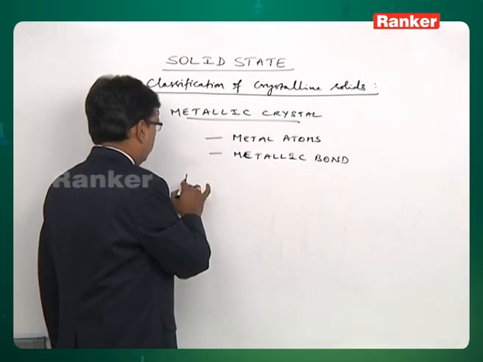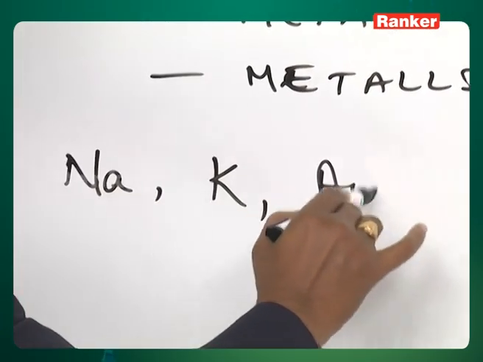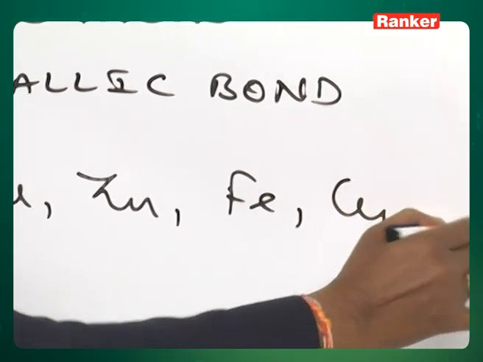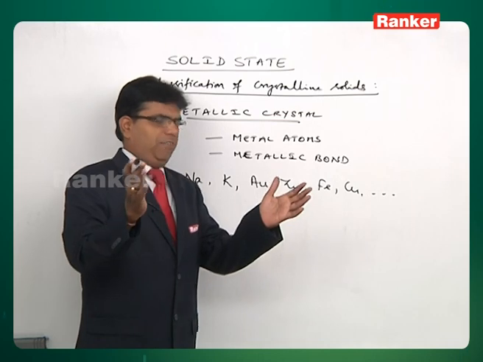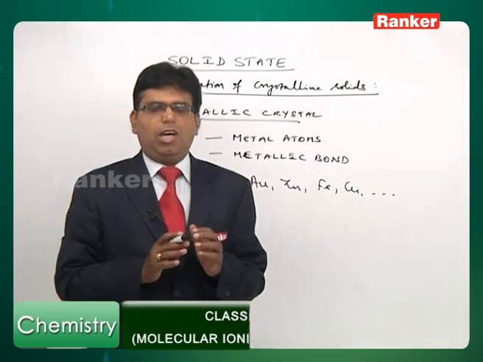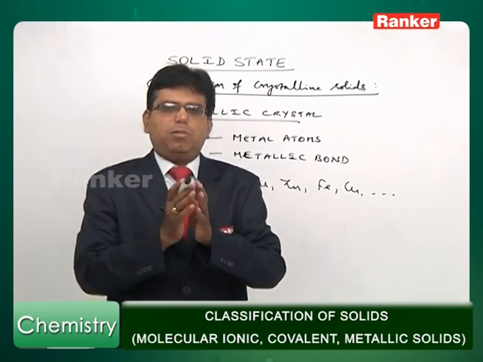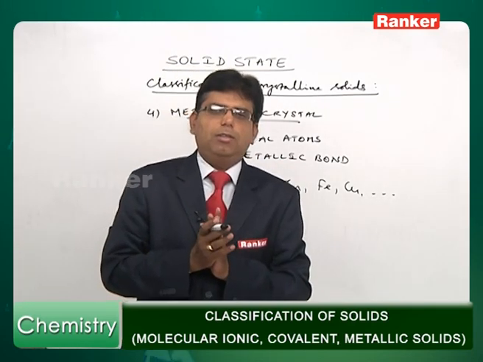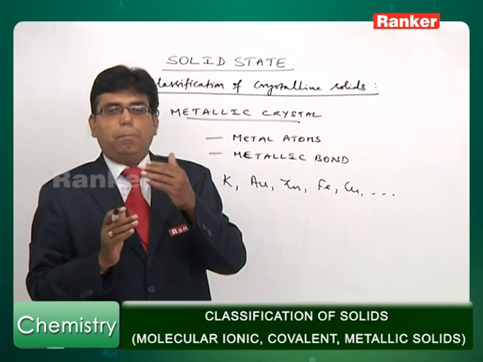For example, sodium metal, potassium metal, gold, zinc, iron, copper, and so on. In all these, different sodium atoms are held together in the sodium metal lattice, potassium atoms are held together, copper atoms are held together in copper metal. So, in this the bond is metallic bond.